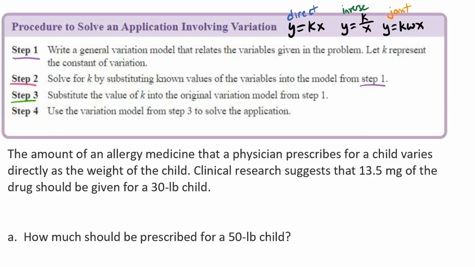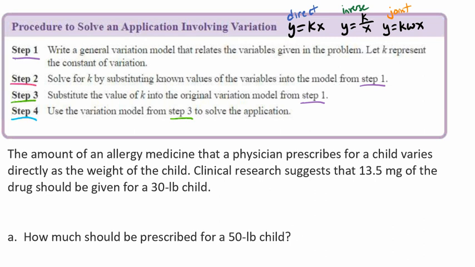Then, you want to substitute the value of k that you found into the original variation model from step 1. And then, you want to use the variation model from step 3 to solve the application. Let's put this procedure into practice.